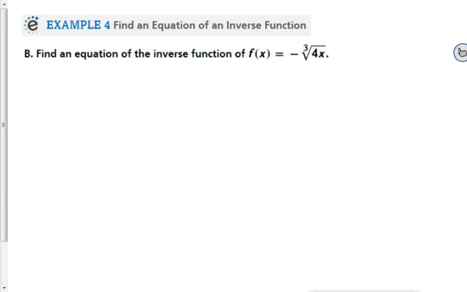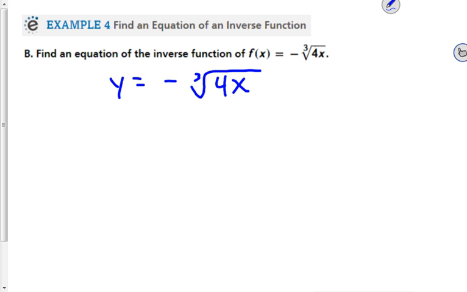All right, so this is part B. So we're going to do the same thing. We're going to find the equation of the inverse, and then we'll check out the graphs. Step 1, rewrite the function in equation form. So it becomes y equals negative cube root of 4x.